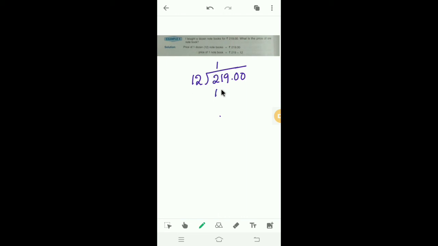Twelve ones are 12. 1 minus 2, is it possible to subtract? No. So we have to borrow from the next number. The next number is 2. If you borrow from 2, then 2 becomes 1, and here 1 becomes 11. 11 minus 2 is 9. 1 minus 1 is 0.